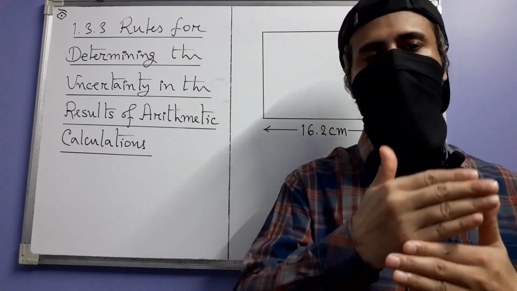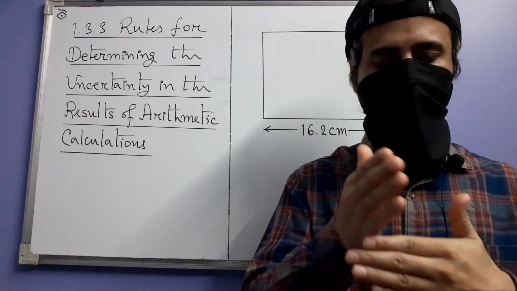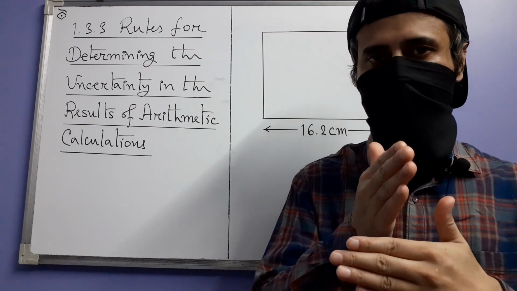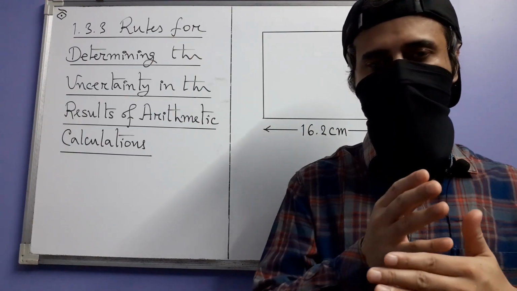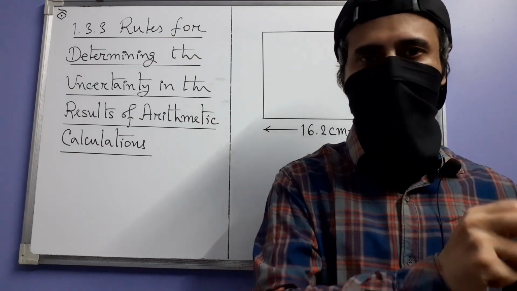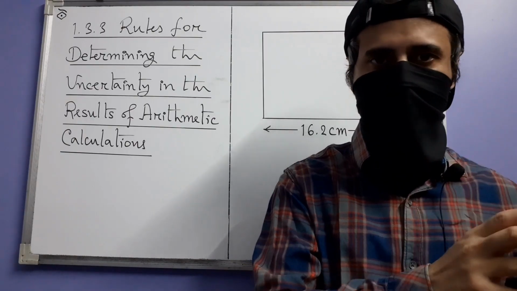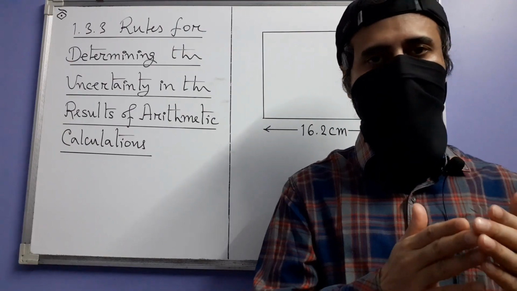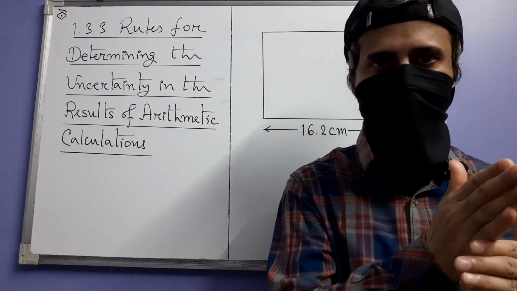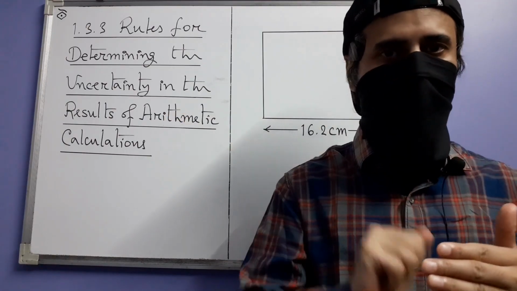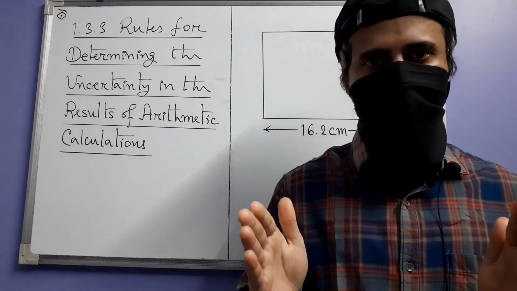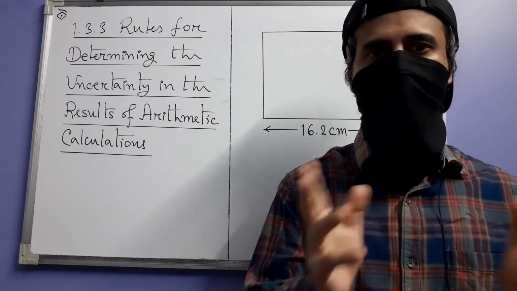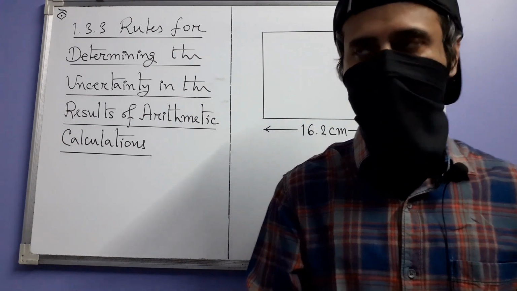So when you make one measurement of that variable, the device gives you some digits in your measurement which are certain digits, and then you put some other digits which you feel should be there in the measurement but which are uncertain digits. So the convention is that you keep only one uncertain digit besides the certain digits, and all these digits, the certain ones and that one uncertain digit, they are called significant figures.